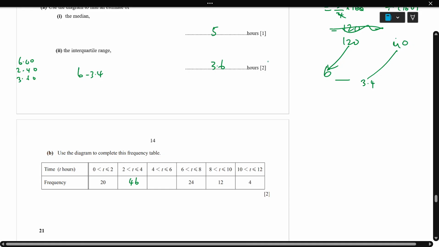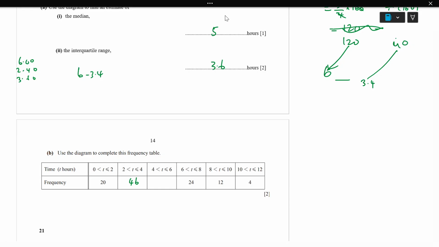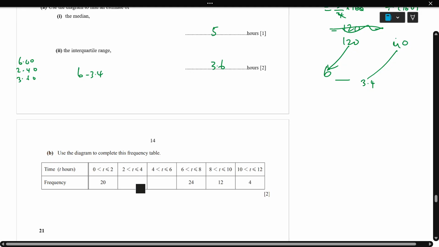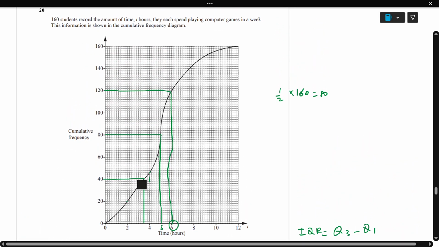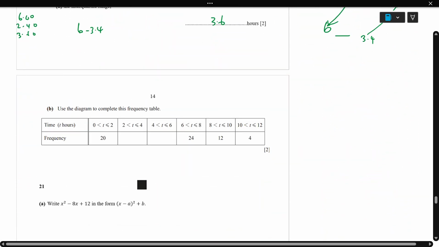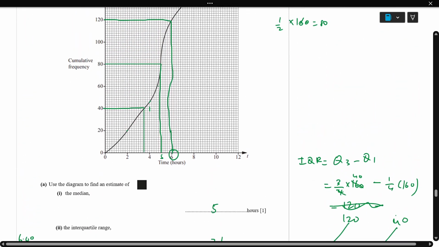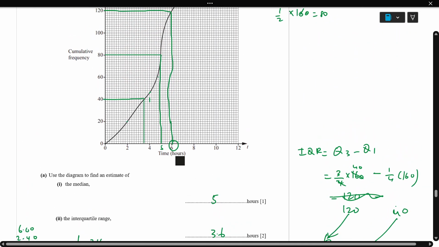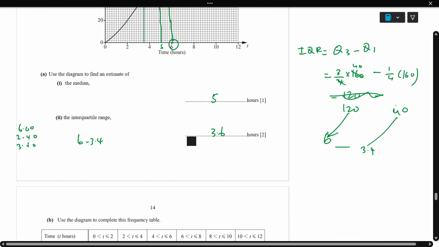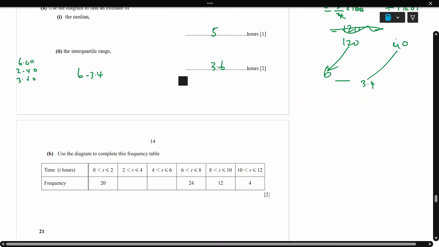Sorry, we are finding only frequency. It's not cumulative frequency, so you need to find out only frequency. Okay, 2 to 4. 2 is going to be 20, and 4 is going to be 46. 46 minus 20 is going to be 16.